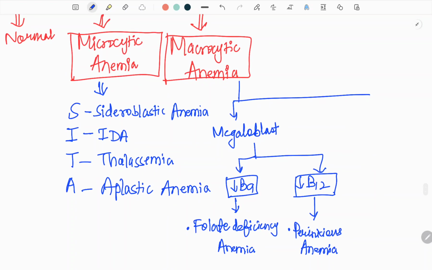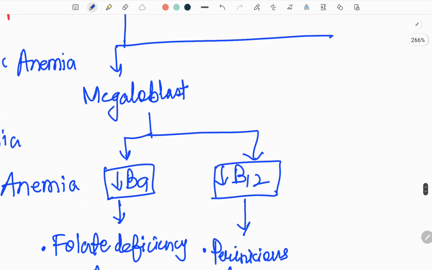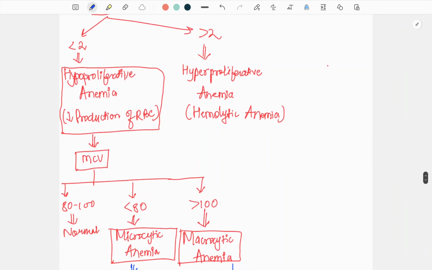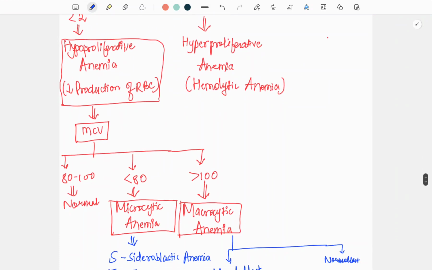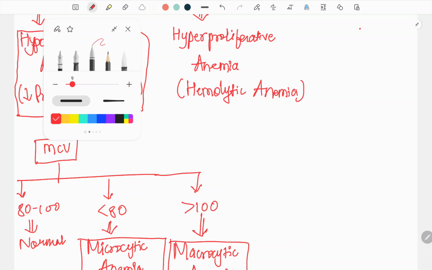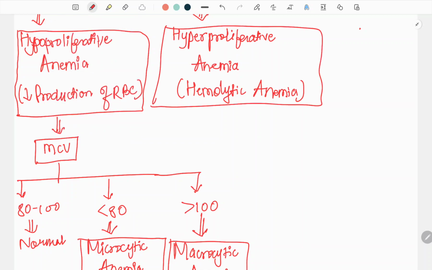Very important. Now, if on peripheral blood smear you find normoblast, then it is a different thing. This was when you are dealing with hypoproliferative anemia. In hyperproliferative anemia, remember that it can be either intravascular hemolysis or it can be due to extravascular hemolysis.